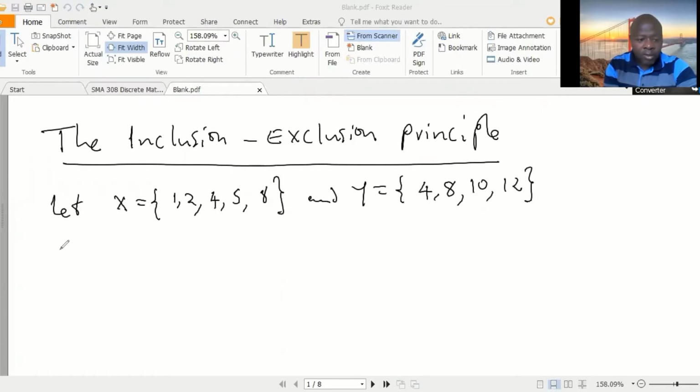So the question is, find the number of elements in the union of X and Y.